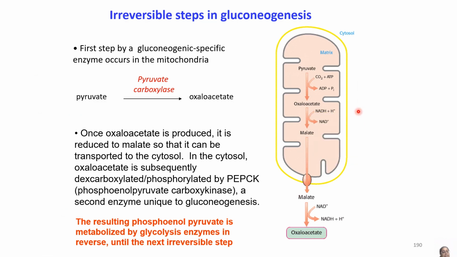In the cytosol, oxaloacetate is subsequently decarboxylated and phosphorylated by phosphoenolpyruvate carboxykinase, the second enzyme unique to gluconeogenesis. The resulting phosphoenolpyruvate is catabolized by glycolysis enzymes in reverse until the next irreversible step.